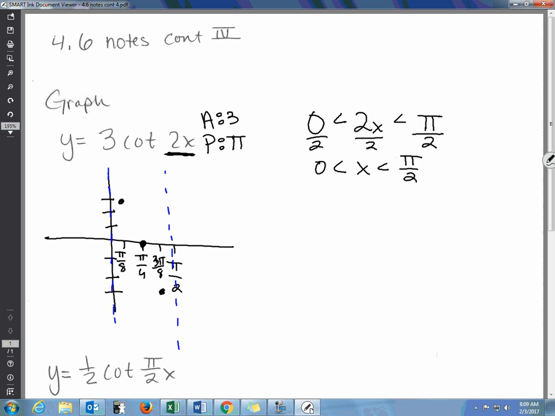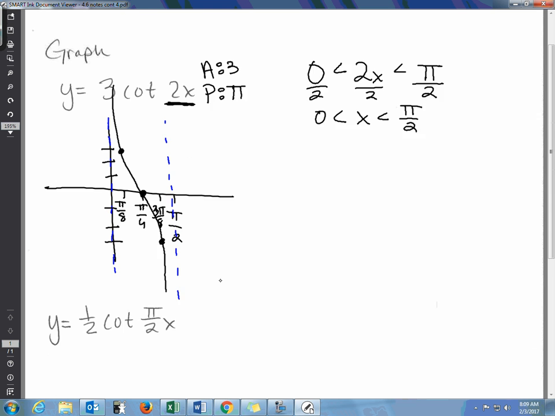That's here. So if you connect, it looks something like that. Okay, and that's one period length of cotangent. So the black line, there's your graph of 3 cotangent 2x.